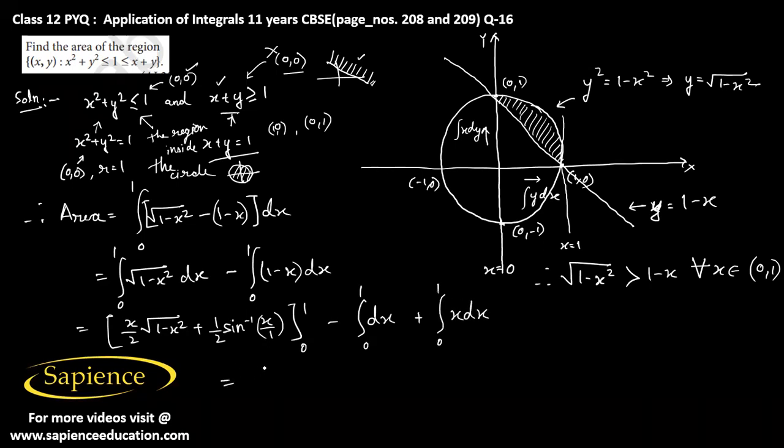Now if I put 1 here, this will become 0, and this will be half sine inverse 1, minus, now if I put 0 here, this will become 0 again, and this will be 0 also, so that will be 0. Then minus the integral of dx, which is x, from 0 to 1, plus the integral of x dx, which is x squared by 2, from 0 to 1.